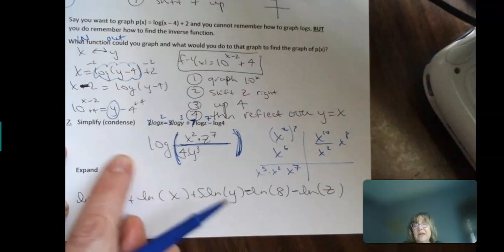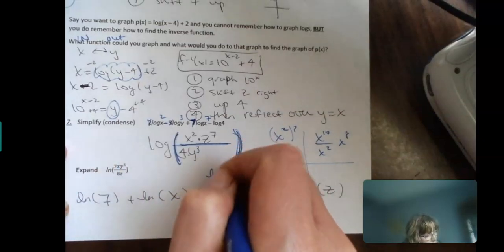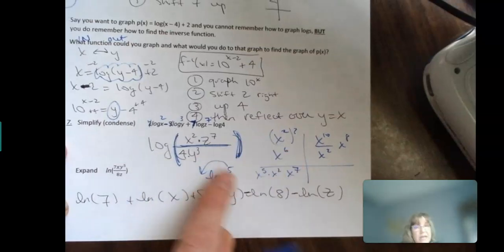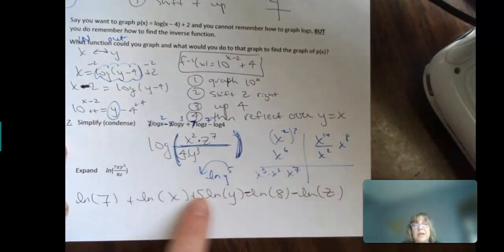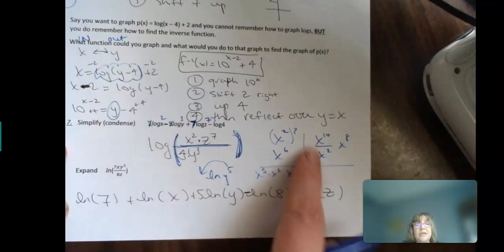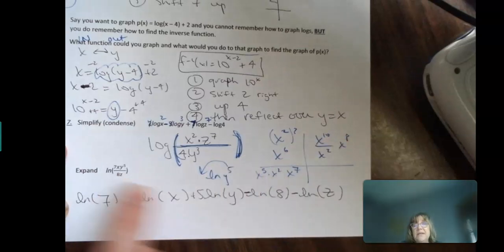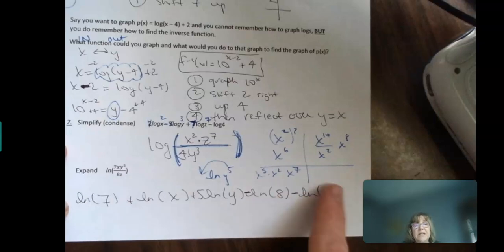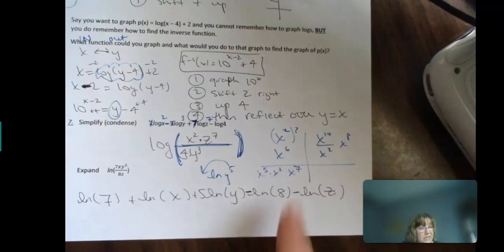Now, the 5 can come down. This is really natural log of y to the 5th right here, but I can bring it down because a power to a power you multiply. Anything in the denominator is subtraction because you divide, that's when you subtract exponents. So minus, because it's in the denominator, ln of 8 minus ln of z. And again, if those had exponents, you could bring those down too.